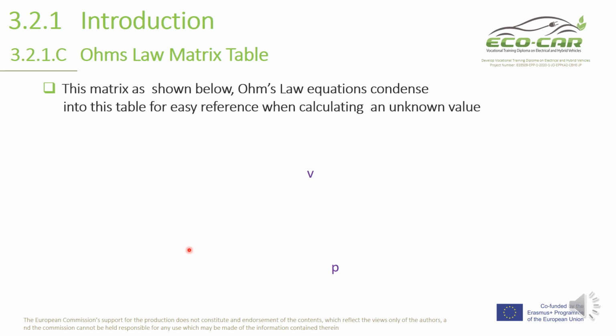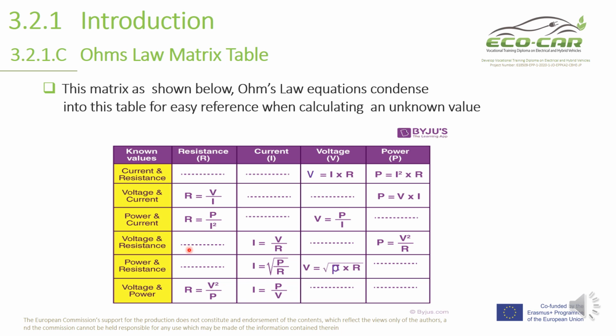So this table is like this. For example, here we have known values, current and resistance, so we can find the voltage, which is equal to I times R, and also we can find power, I squared times R.